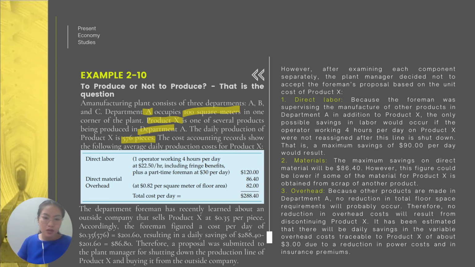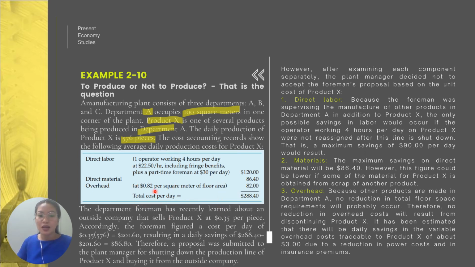Direct labor is 120. Ang breakdown ana is 1 operator, and so on. The direct material is 86.4 and ang overhead cost niya is 82. Pila ang total cost per day?